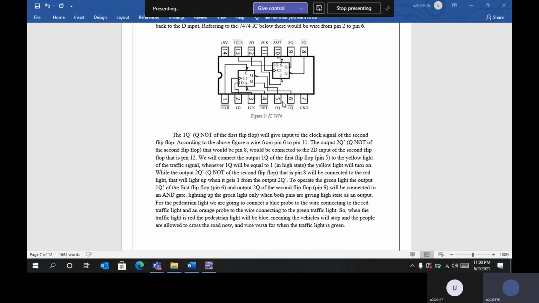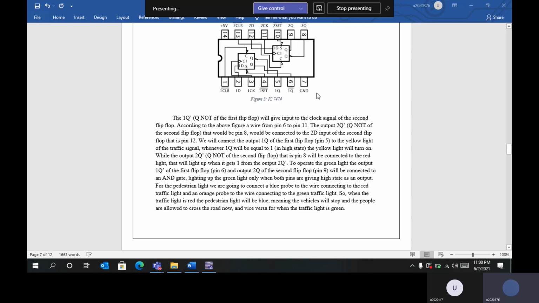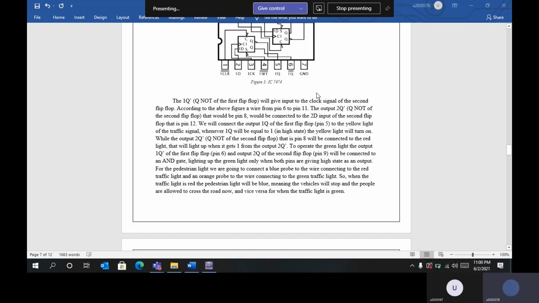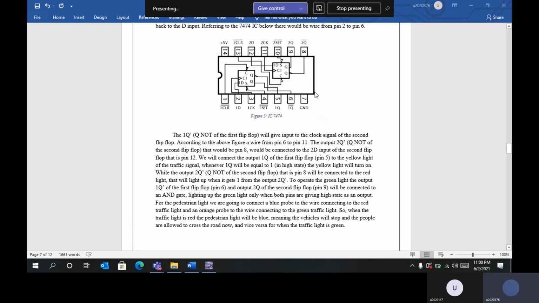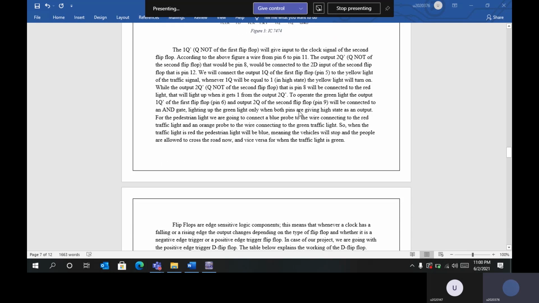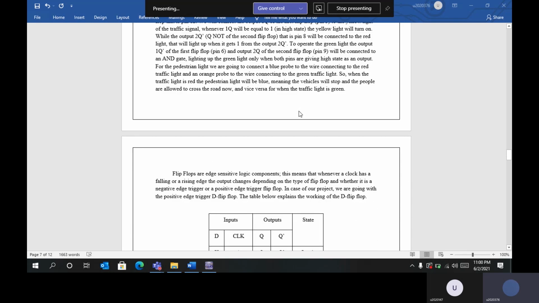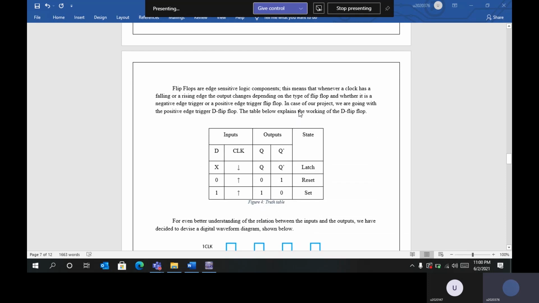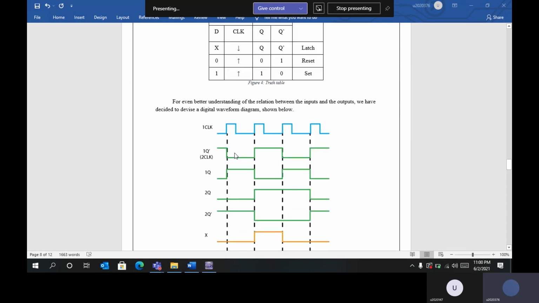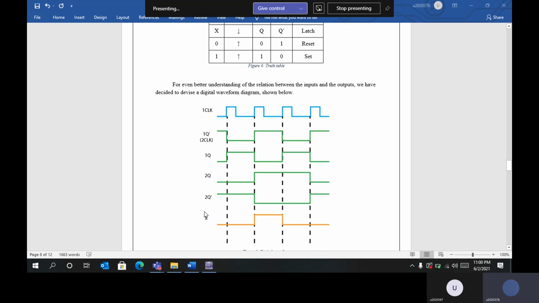For the green light, we will be connecting the output of an AND gate taking input of Q naught output from the first flip-flop and the Q output from the second flip-flop. In this project, we'll be referring to that as the X signal, as shown here and even in our block diagram.